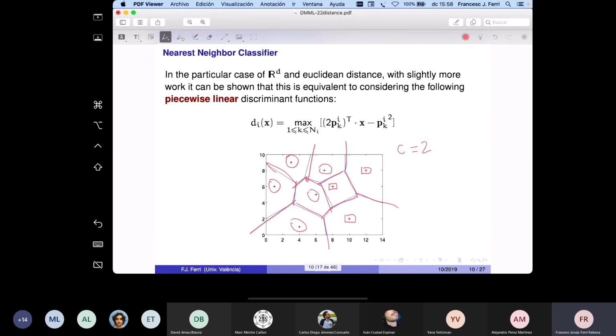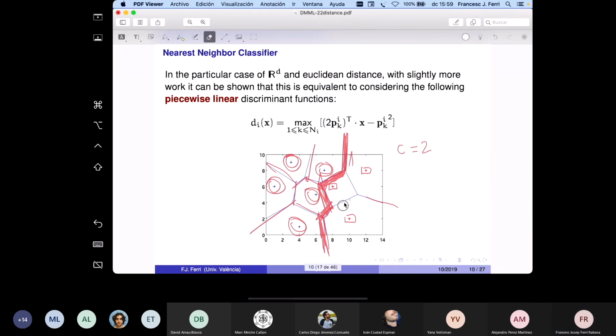And from these boundaries, as this and this belong to the same class, at the end the real boundary is that one.